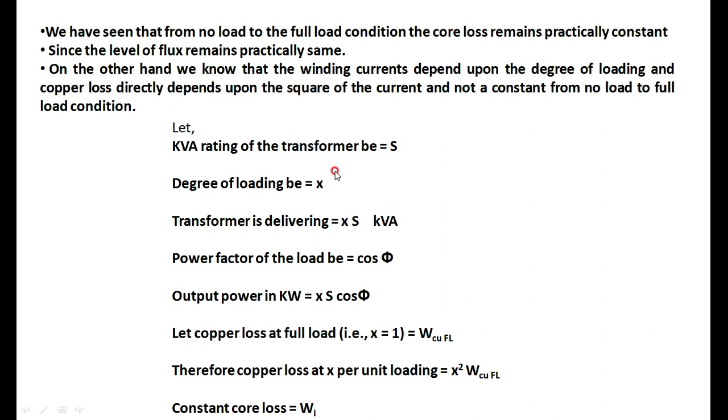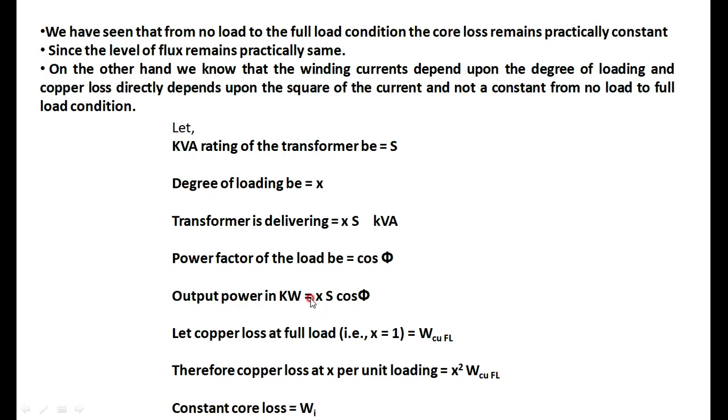If S is 100 and the loading factor is 80%, that is 0.8, then at that instant of time, the output of the transformer is 80 kilovolt ampere. Suppose the power factor is 0.8, that is cos phi is equal to 0.8, then what is my output power in kilowatt?